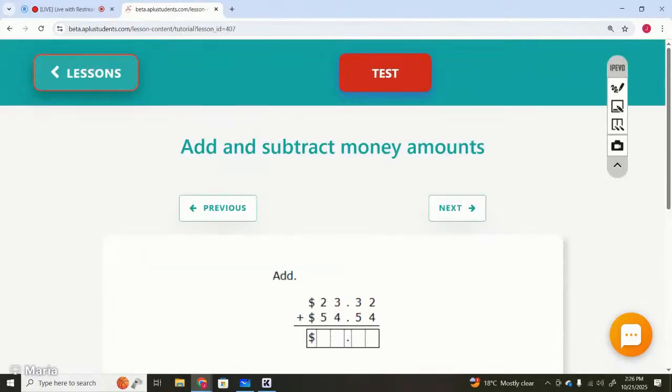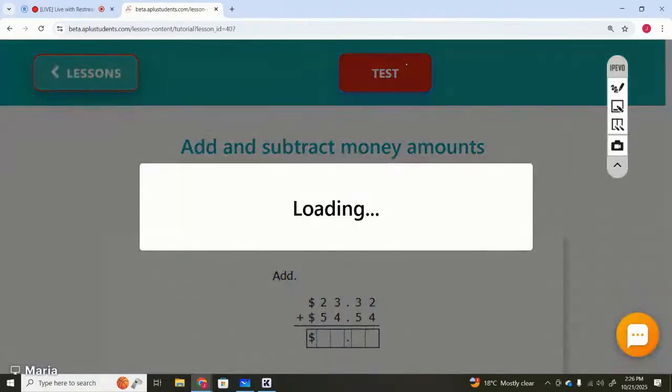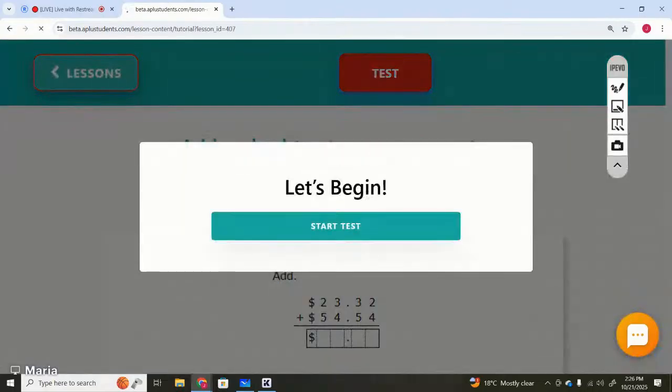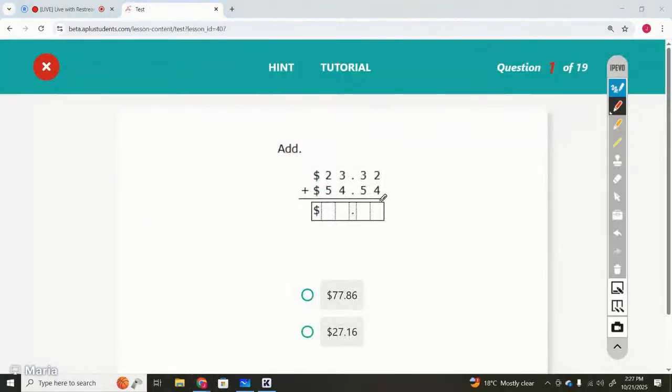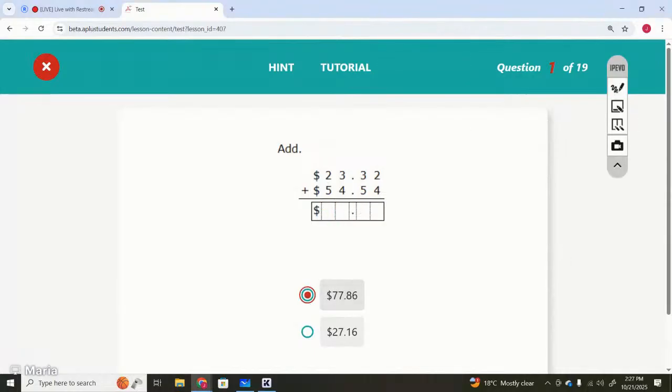Let's just start with the test questions. 4 plus 2 makes 6, 5 plus 3 makes 8, 7, 7. That is $77.86. Option number 1 is the correct option.